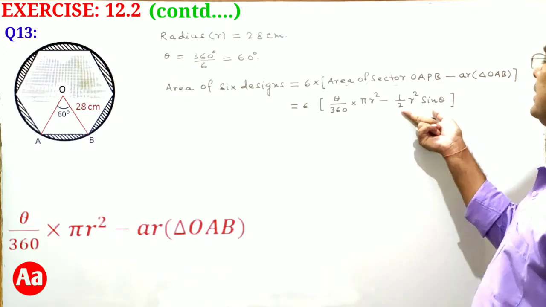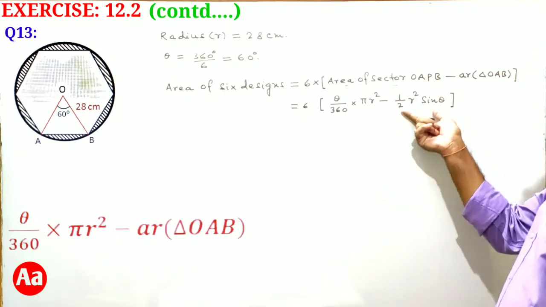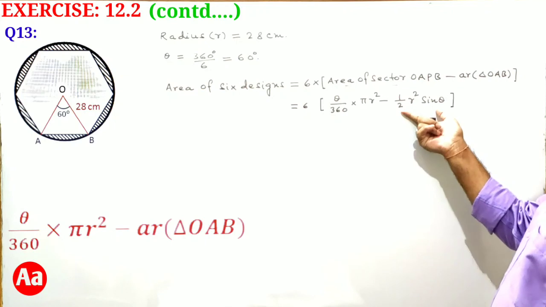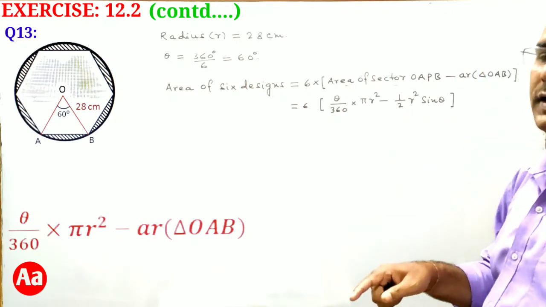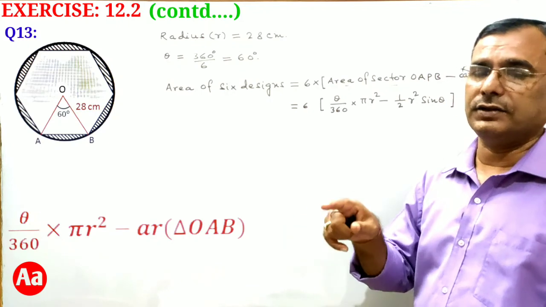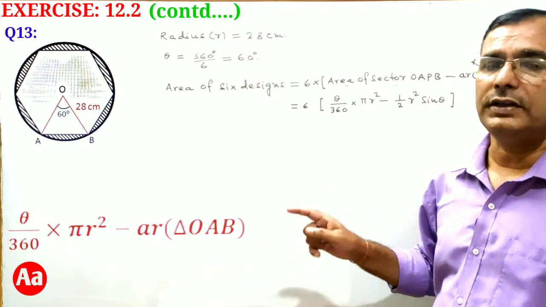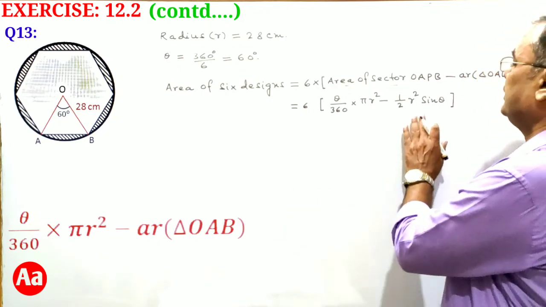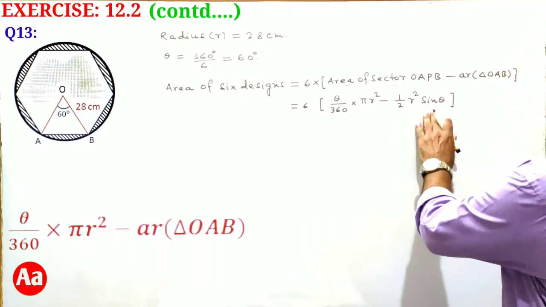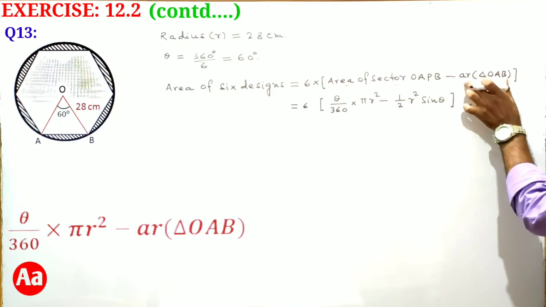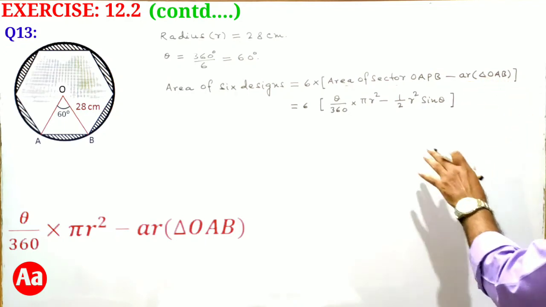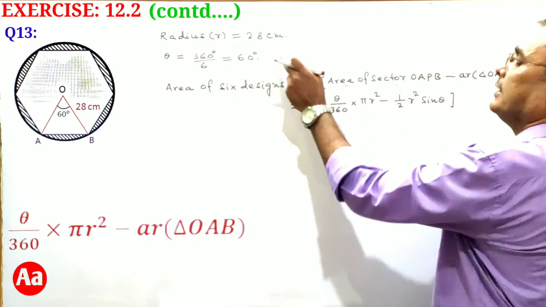In place of half r square sin theta, we can also use the formula for the area of an equilateral triangle, that is under root 3 by 4 into side square. So here we are using half r square sin theta in context of this triangle OAB, whose sector angle is 60 degrees.